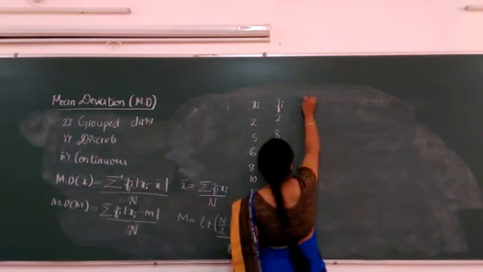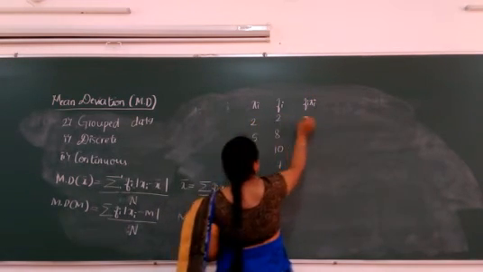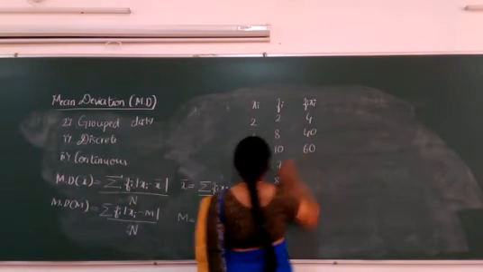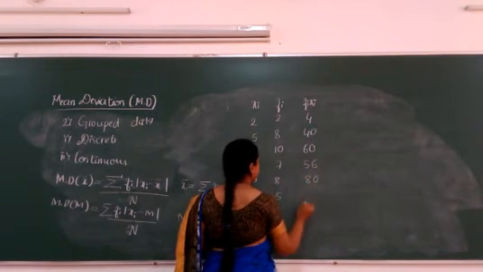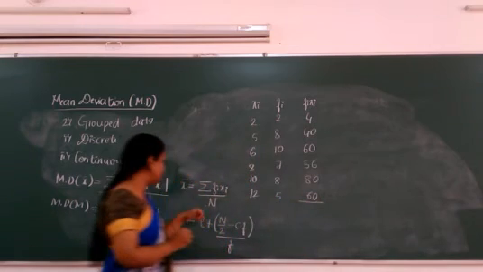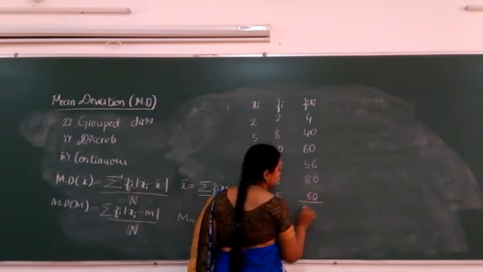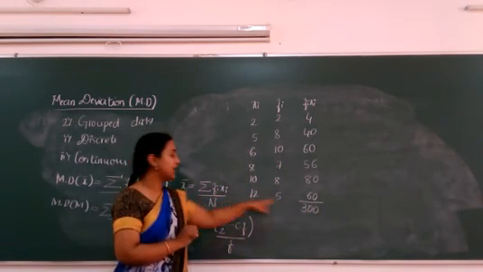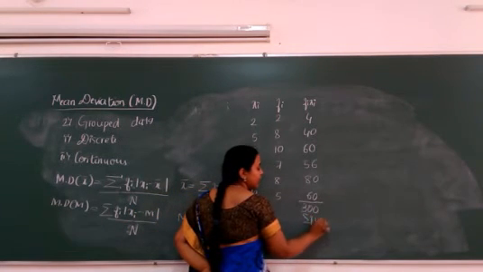Let us write the fi into xi column: 2 times 2 is 4, then 40, 60, 56, 80 and finally 60. We need the summation of this, so when you add these all, it will be 300. This is summation of fi into xi.